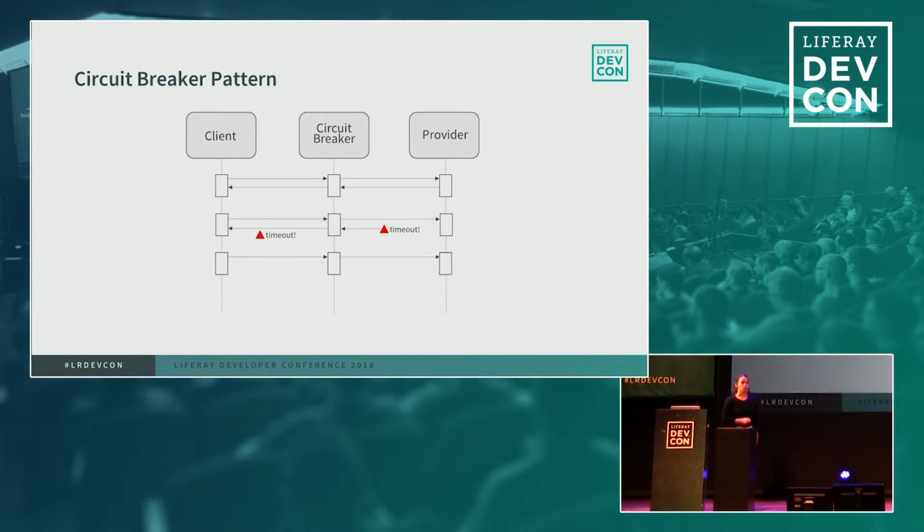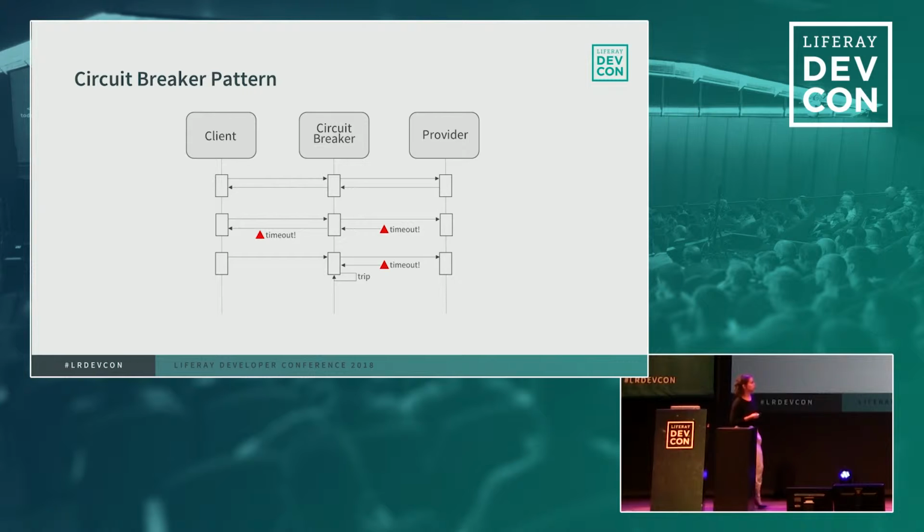So what will you do in this case? Circuit Breaker will trip the circuit to stop all subsequent calls from passing to your provider, avoiding a high number of requests failing all the time.